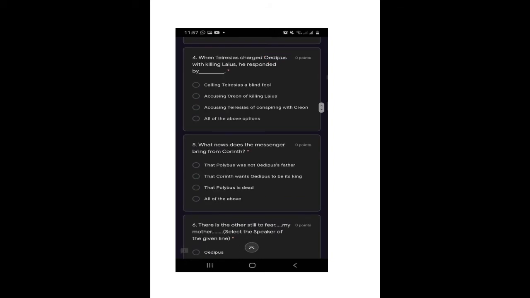And fifth one is, what news does the messenger bring from Corinth? So the option here is that Polybus is dead. And sixth one is that there is other still to fear, my mother. Select the speaker of the line. As we know, the speaker of this line is Oedipus himself.